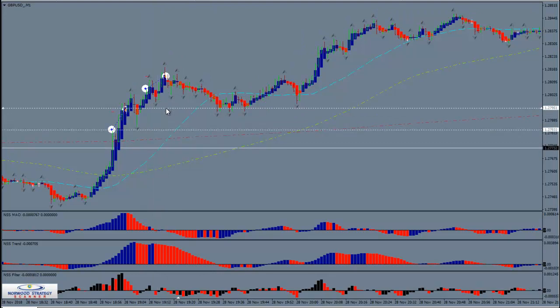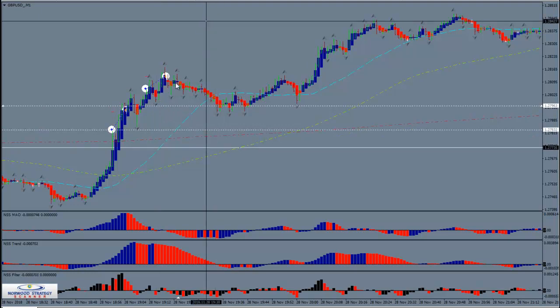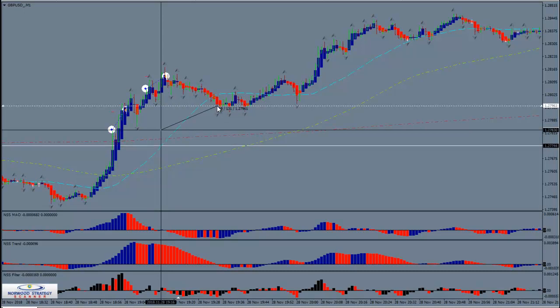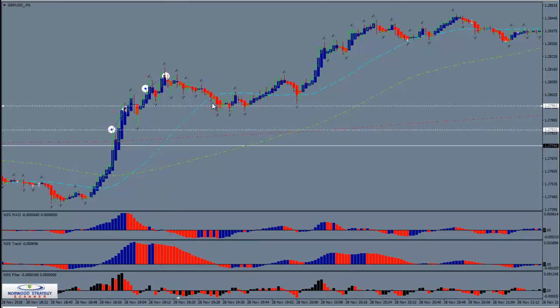That's 11, almost 12, so let's go 2-ish. Okay, so there's 13 pips protected. So you can see that that's as much as I would have gained in that particular move because it didn't pull it any further. That's a 20 pip trailing stop.